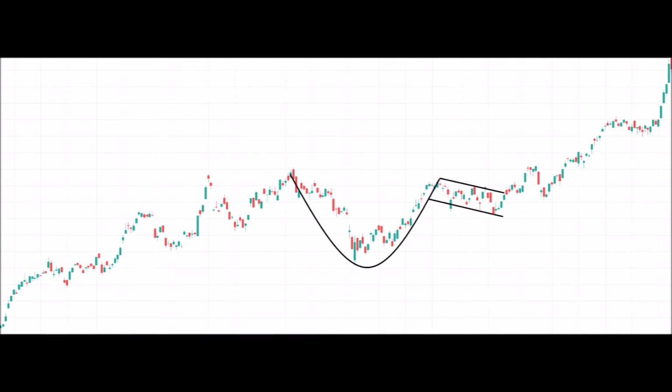And effectively what you are seeing is the cup forming at the front end of the pattern, and then the handle forming in a consolidation period after a drop and a gain, forming what effectively looks like a cup and handle. As I said before, this is a continuation pattern, so you can see that once the consolidation period has ended between the handle support and resistance lines, the stock ends up increasing in value.